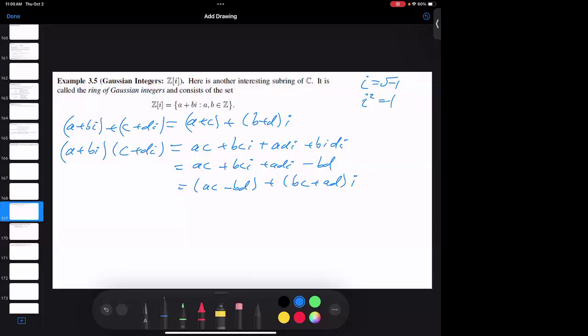Do you think every number is going to have an inverse? Excellent. An additive inverse. Will we have additive inverses? Yeah, it would just be negative a minus bi. But multiplicative inverses, very few numbers will have multiplicative inverses.